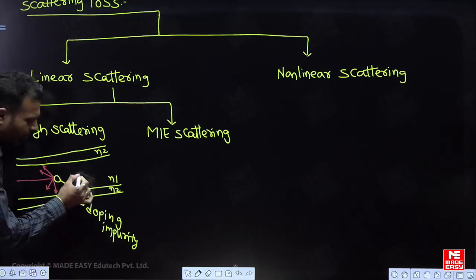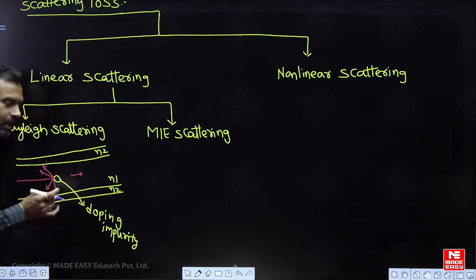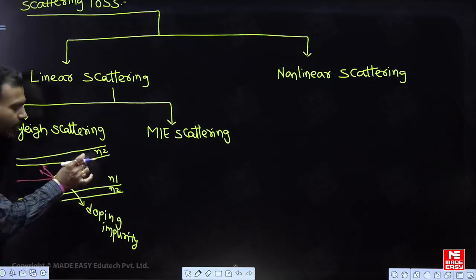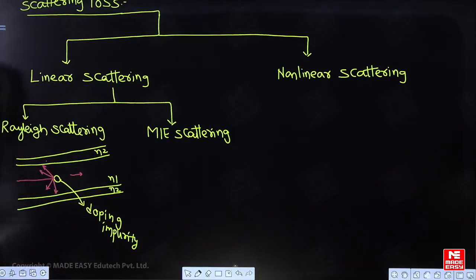It may or may not propagate down the fiber. If it is propagated, we are happy. It depends upon the size of the doping impurity. For example, if the size of the doping impurity is very high, the amount of light that passes to the other end of the fiber is very small. But if the doping impurity is very small, then it is possible for light to pass to the other end.